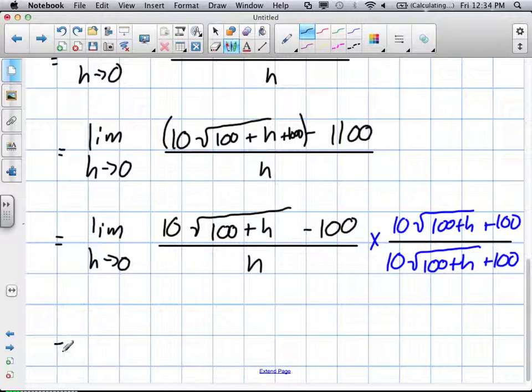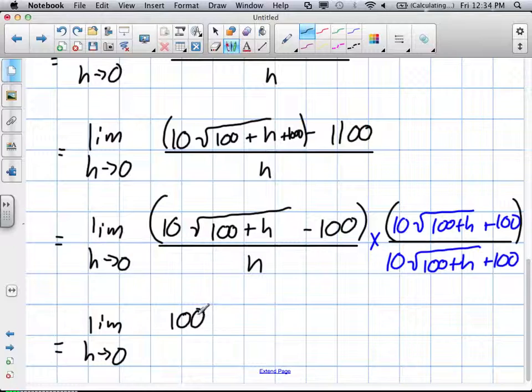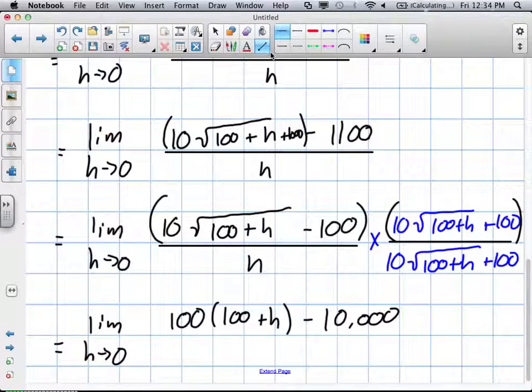The whole reason we did this is so we can just square what we had before. 10 squared is going to give us what number? 10 times 10 is 100. Very vocal of you. When we multiply the root of 100 plus h by itself, we just get 100 plus h. And 100 times 100 is going to give us 10,000. So that's when we multiplied our conjugate in.